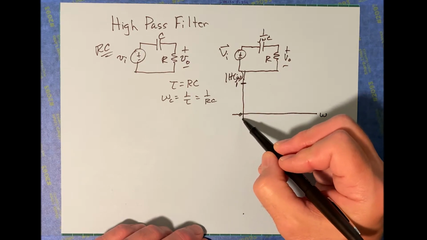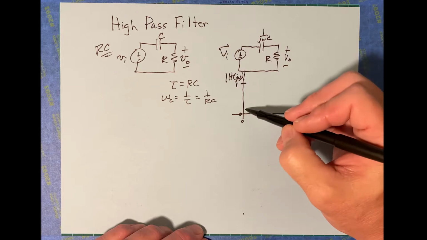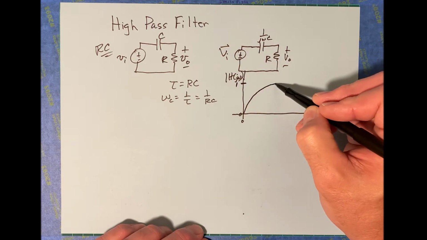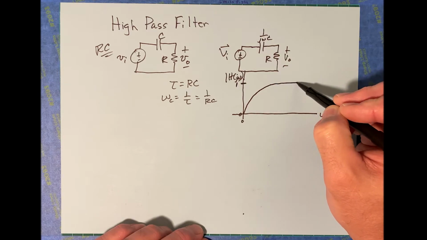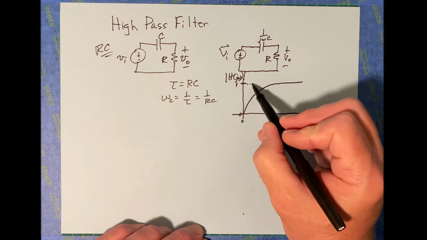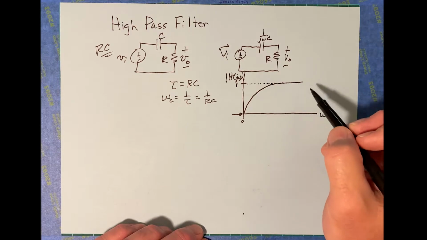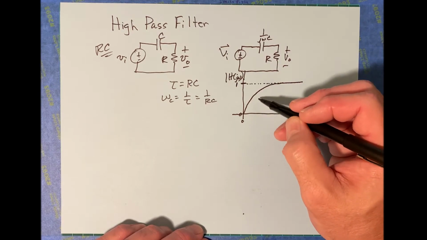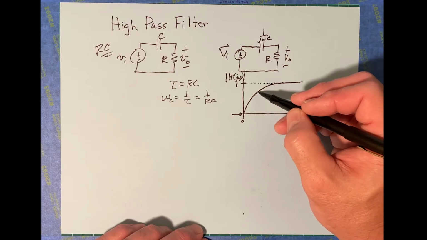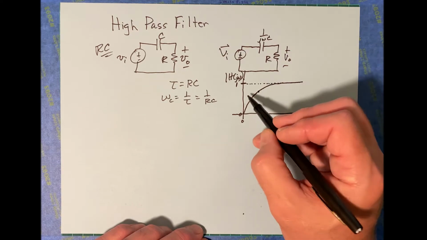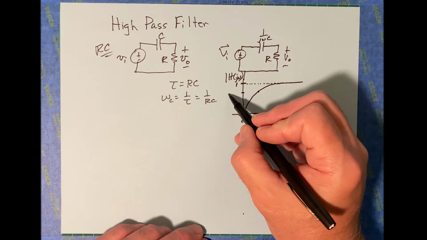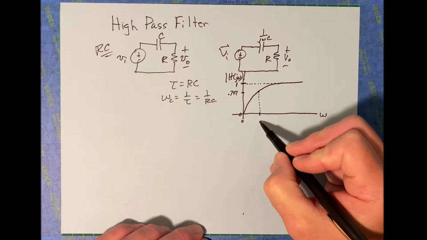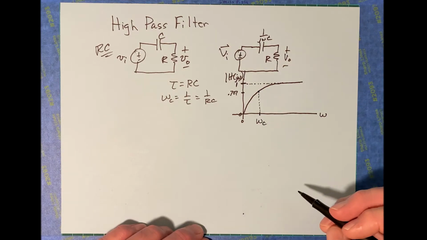Starts down here at 0 at 0 frequency, rises up and levels off at the maximum, and it reaches the maximum in the limit. Then, well, where's the cutoff then? Well, the cutoff is going to be somewhere right around there at 0.707, and this corresponds to the cutoff frequency then.